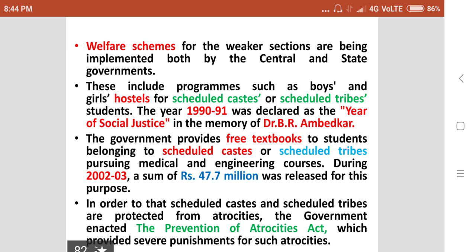In addition to that, scheduled castes and scheduled tribes are protected from atrocities. The government enacted the Prevention of Atrocities Act, which provided severe punishments for such atrocities.